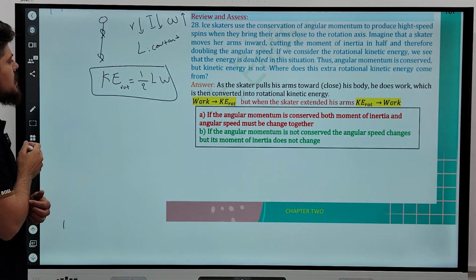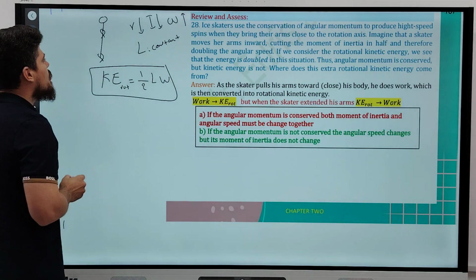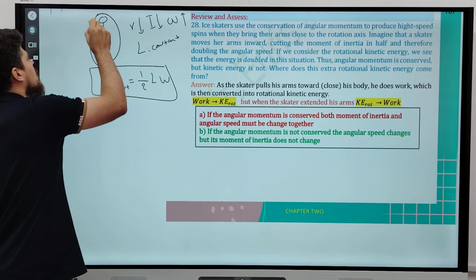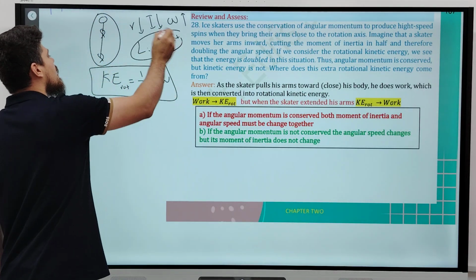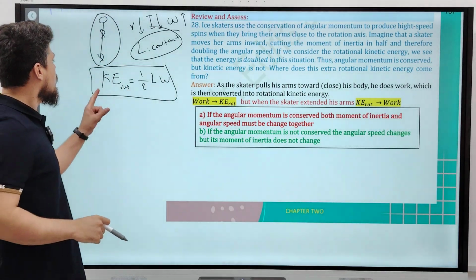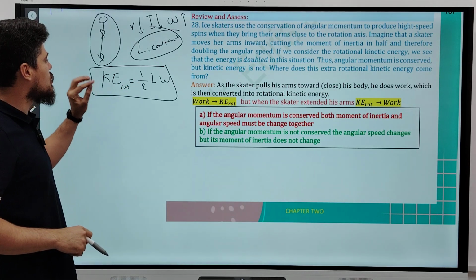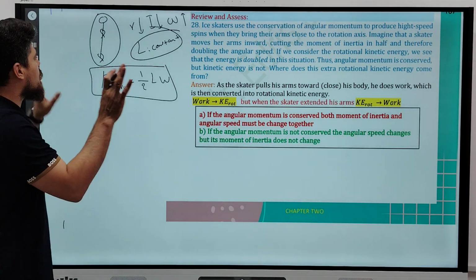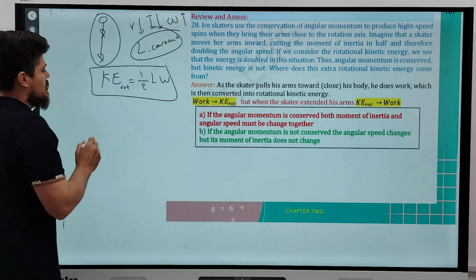When is rotational kinetic energy equal to 1/2 L omega, without the square? When the angular momentum is conserved, when L is constant.